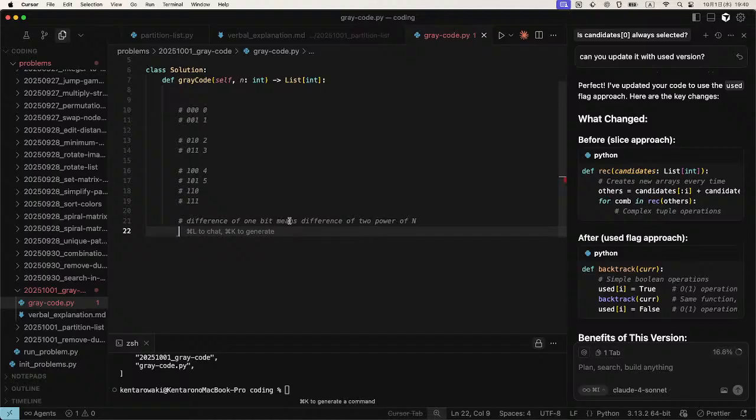Difference by 1 bit means a difference of 2 to the power of n. So that means we can choose 101 or 011. Yeah, that is 5 or 3.